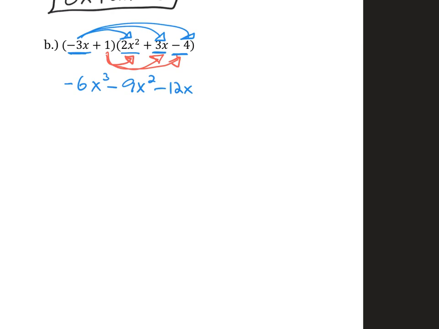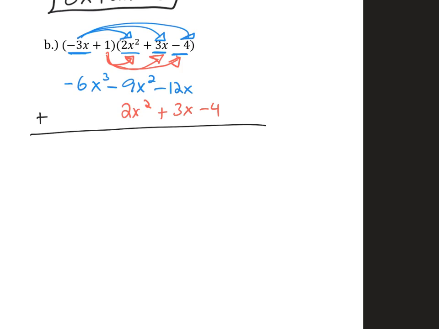So 1 times 2x squared gives me 2x squared. I put it right below the 9x squared. And you'll see why in just a moment. The next I have plus 3x, and then I have minus 4. Now I've set up this thing where I can just add them together, add down. So just another trick to keep track.